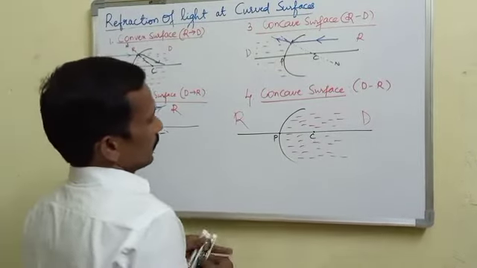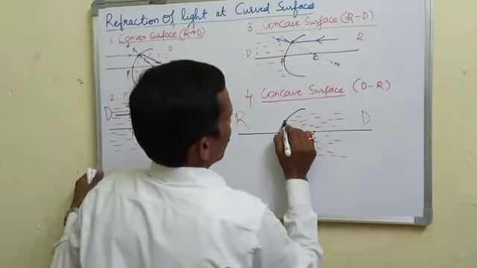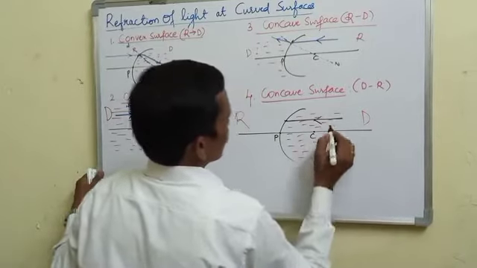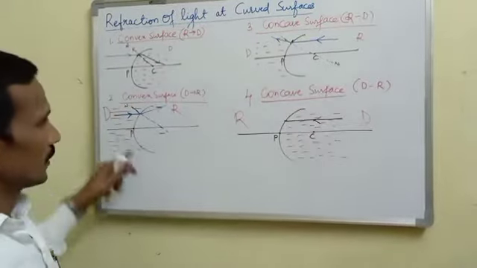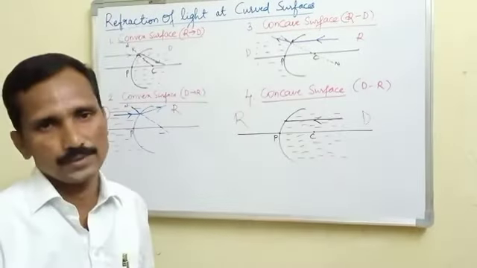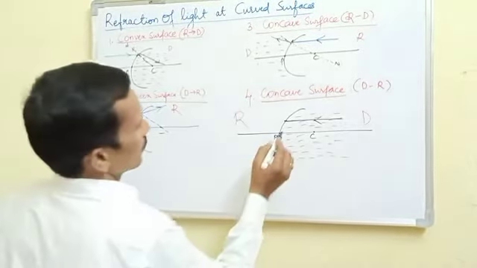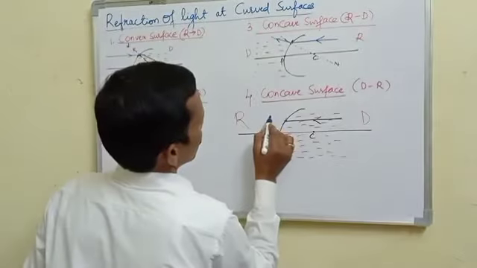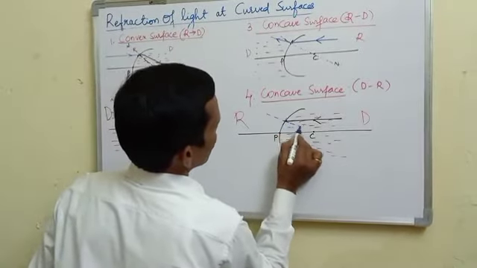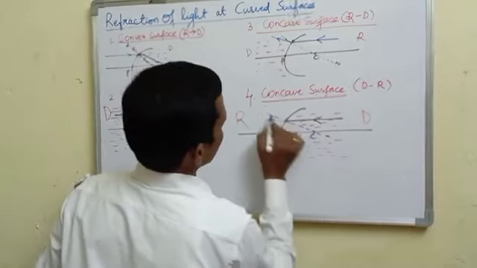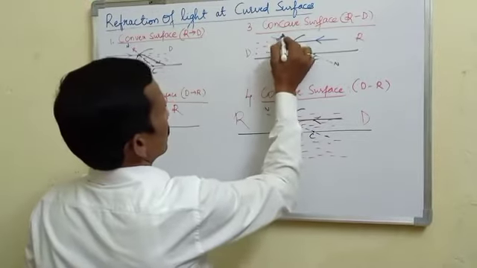Now a light ray traveling parallel to the principal axis. All these rays we are taking are light rays parallel to the principal axis. And at the point, this is the normal here.